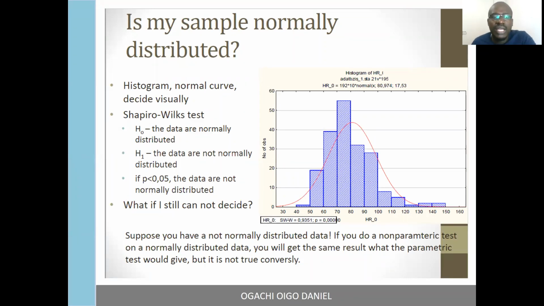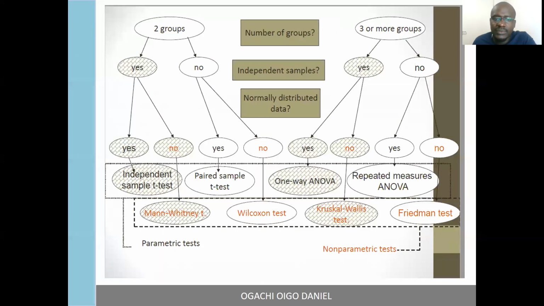Our H0 hypothesis is that the data are normally distributed, and our alternative hypothesis is that the data is not normally distributed. So if we get a p-value of less than 0.05, we say that the data is not normally distributed. If the data is not normally distributed, then we use non-parametric analysis.